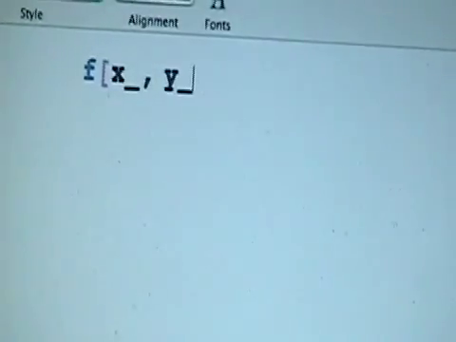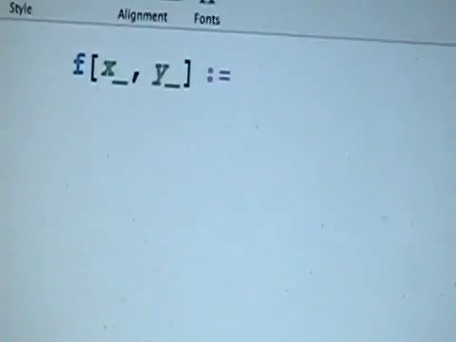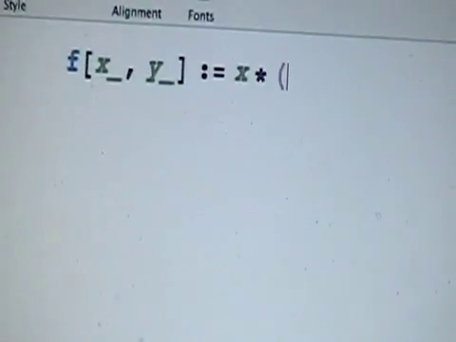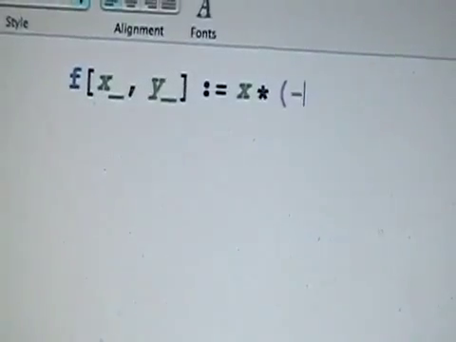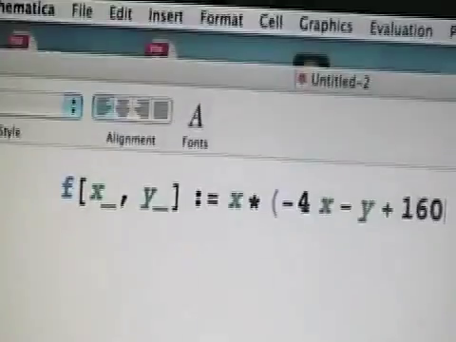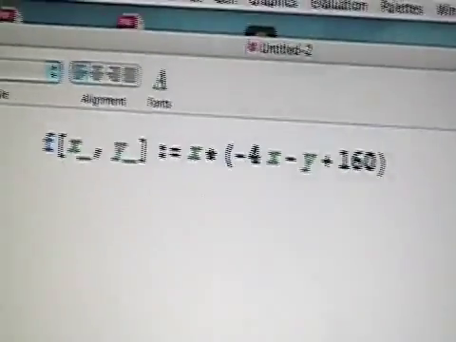Okay. Good place to start with something like this is to define functions representing the right-hand sides. So again, dx/dt was x times the quantity negative 4x minus y plus 160. I'm going to call that little f of x comma y.